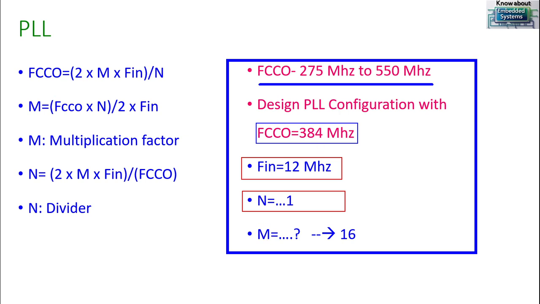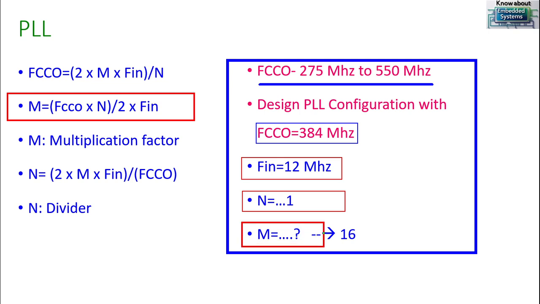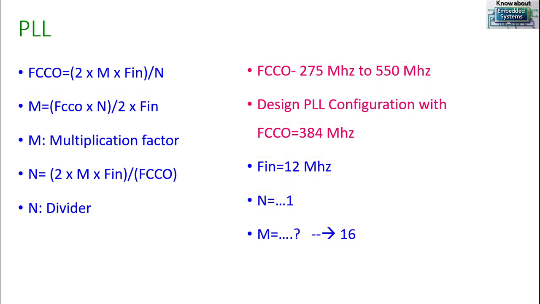If you substitute the FCCO value, F in value and N value in this equation, I will get the M value as 16. So I want to design a PLL with 384 megahertz by considering F input equal to 12 megahertz and N equal to 1, the dividing factor as 1, and with the help of this equation, M we will get 16. These things we should know before entering into the programming of your PLL.